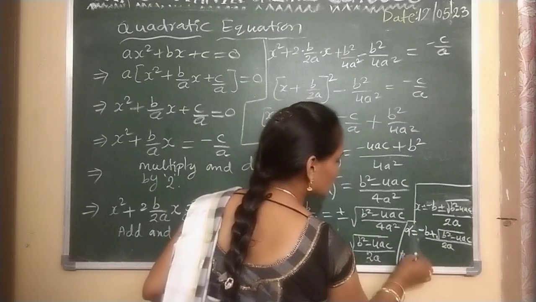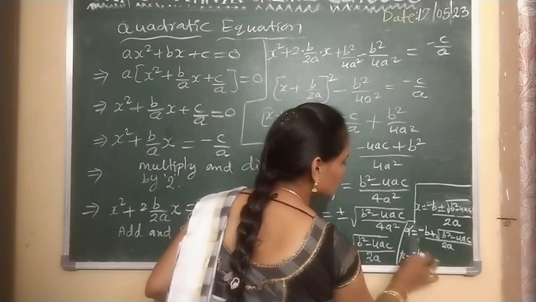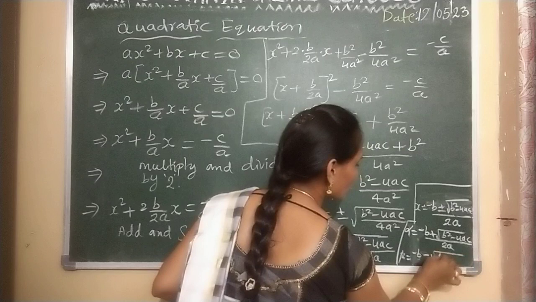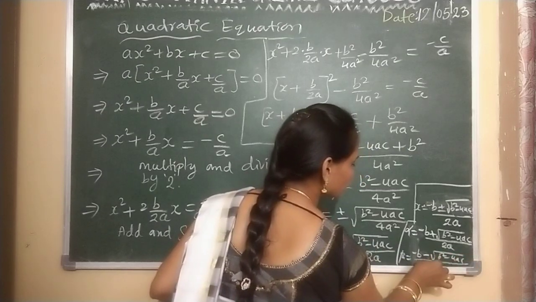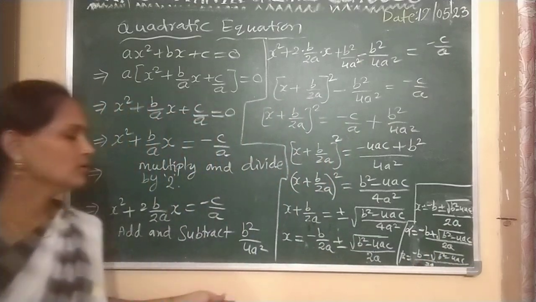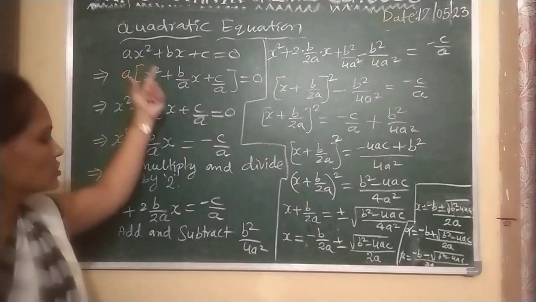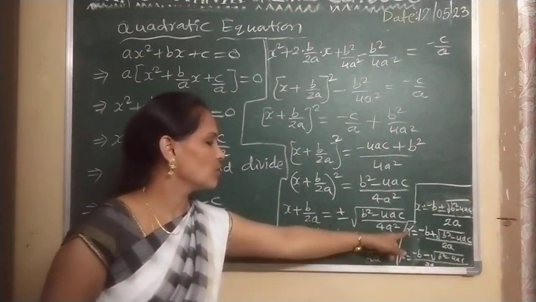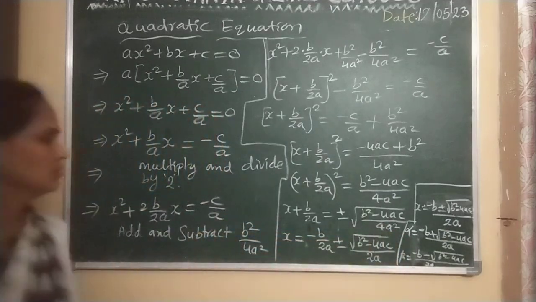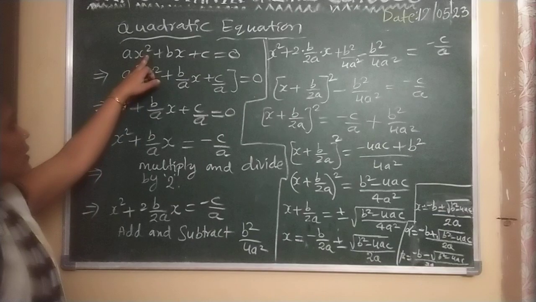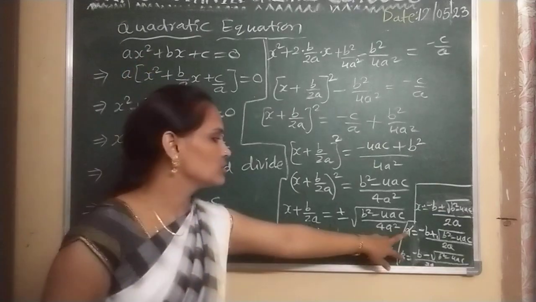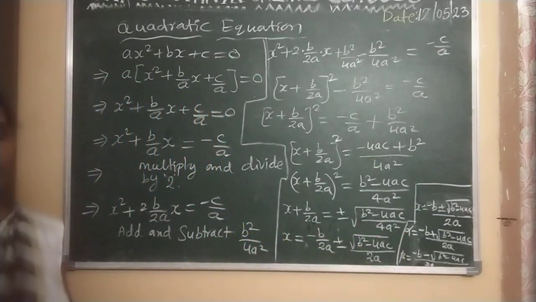Beta is equal to minus b minus square root of b square minus 4ac by 2a. This quadratic equation has two roots, alpha and beta. Why? Because here the order is 2, so you will get two roots for the quadratic equation.